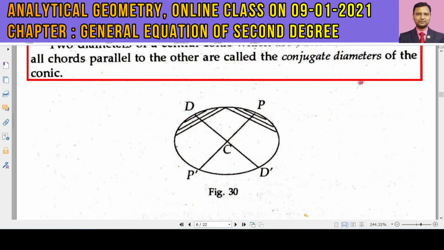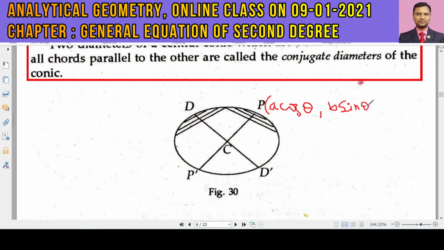And we know that any point like P on an ellipse can be written in this way: a cos theta, b sin theta.